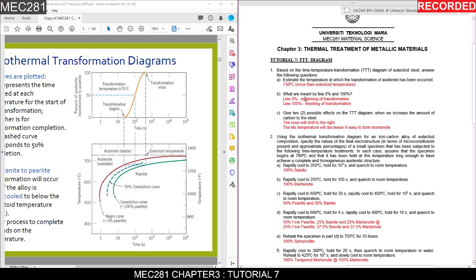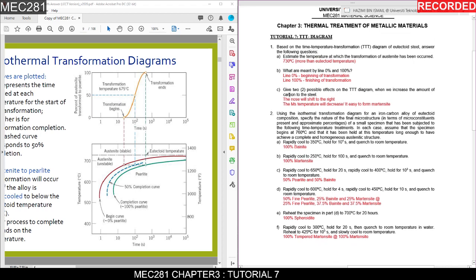If you just write down that the transformation begins, it is also correct. And for the 100%, you can see here, this one, the green line is 100%. So 100% is where the transformation ends. That's why the answer is the finishing of transformation. So that's the answer for 1B.